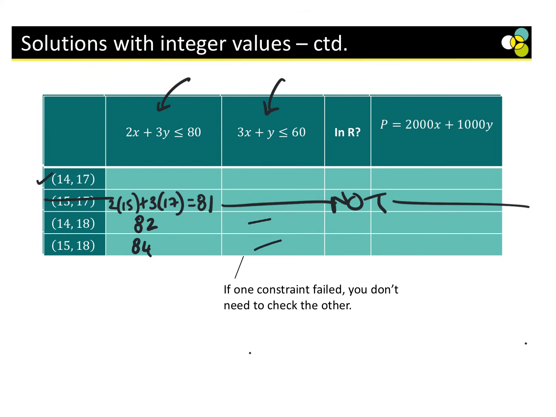There's no need to attempt these ones if this one has already failed. So we know that all of these are not in, so we just focus on the first one. The first one will be our answer, because it's asked for an optimal solution with integer solutions. Okay? So our x and y have to be integers.